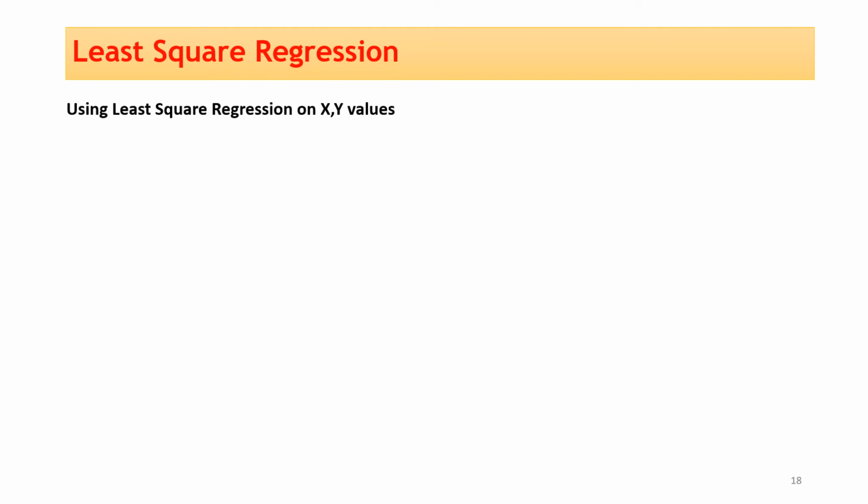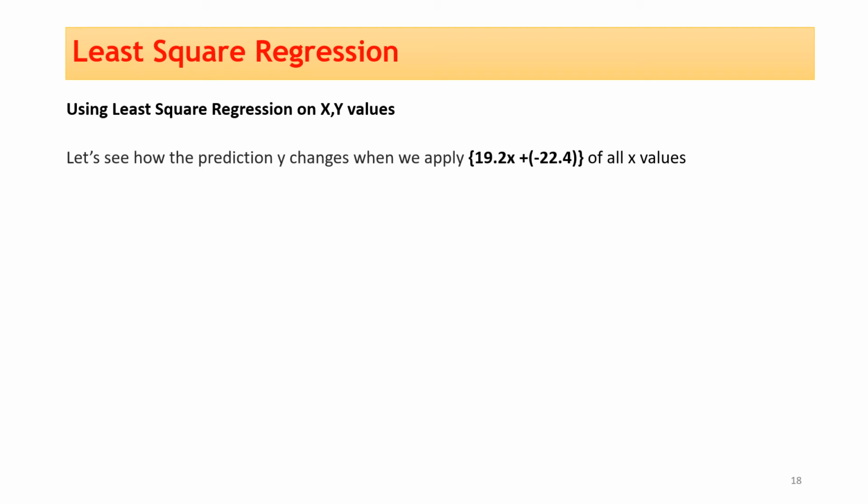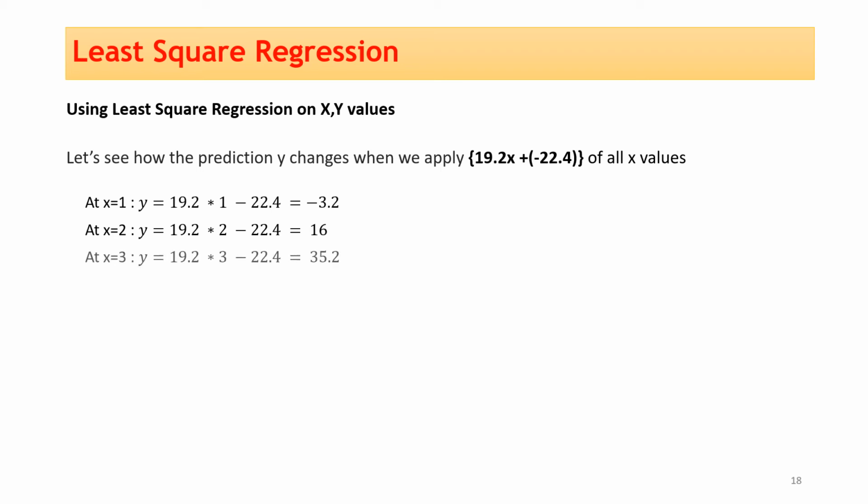Now using least square regression on the x, y values, let's see how the predicted y changes when we apply 19.2x minus 22.4 for all x values. At x equals 1, y equals 19.2 into 1 minus 22.4, which is equal to minus 3.2. Then at x equals 2, y equals 16.